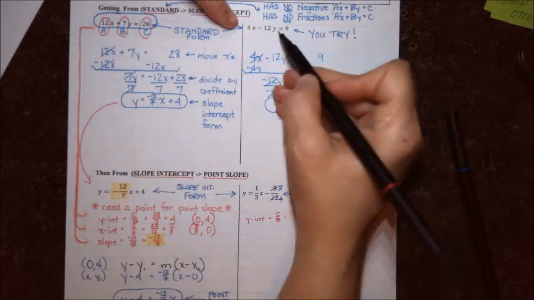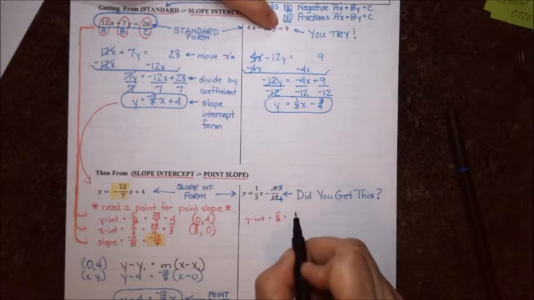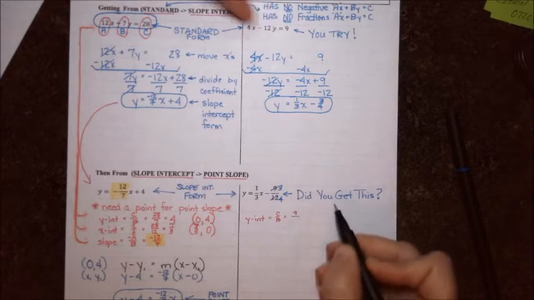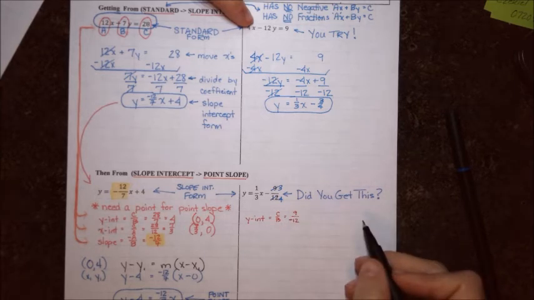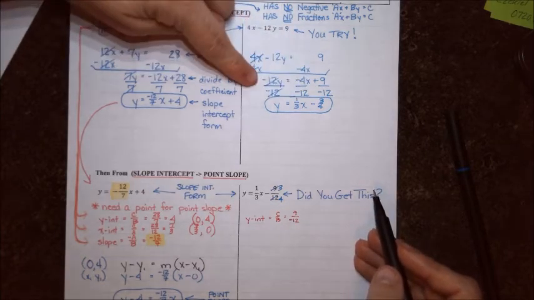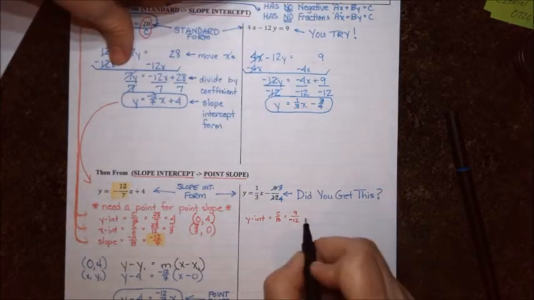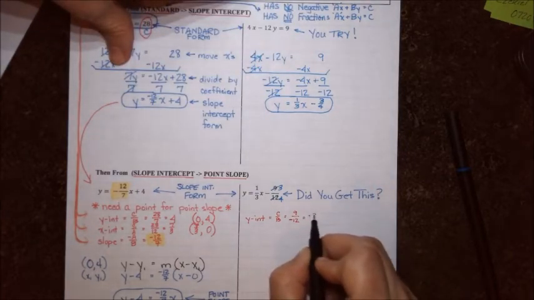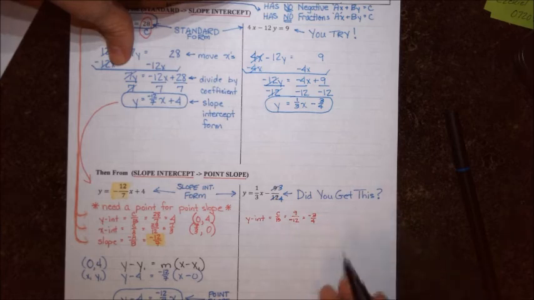Let's see if it works out with my ABCs. Well, we've got a C of 9 over B, negative 12. Well, this over here was a little bit different because we had this coefficient, but all of this is all connected and tied together. So as it turns out, the rule applies. So we're good.